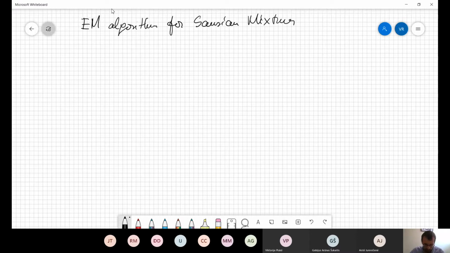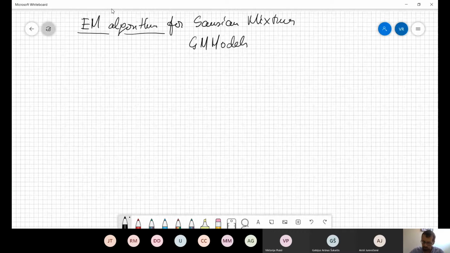They actually try to reduce the complexity of the algorithm. As well, this is basically the other name of the EM algorithm you might find apart from Gaussian mixtures: the so-called Gaussian mixture models, GMM, or Gaussian mixture modeling, and so on.